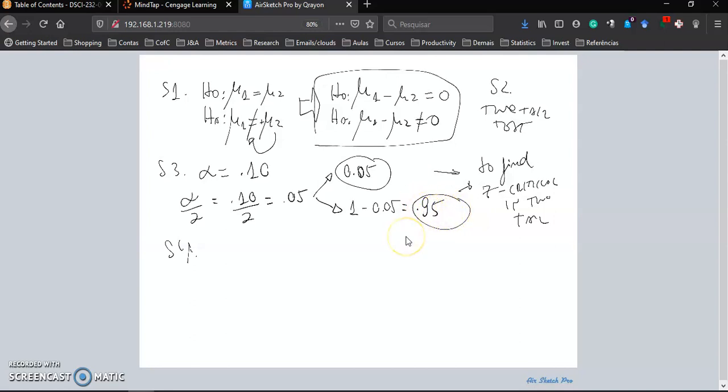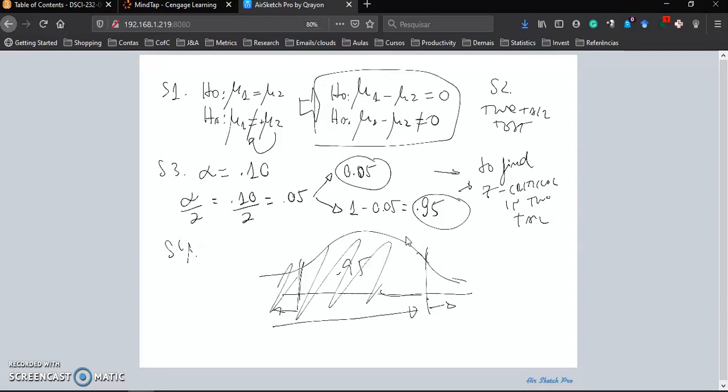How can I know that this is the upper tail? Because remember the distribution, 0.95. In the distribution, I have lower numbers here, bigger numbers here. So up to this point, I have 0.95 of the entire distribution.